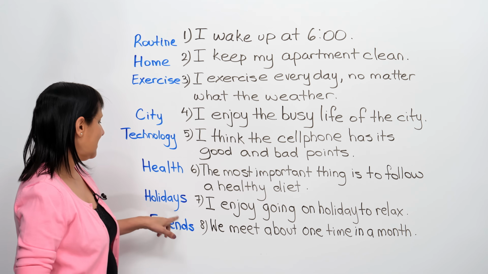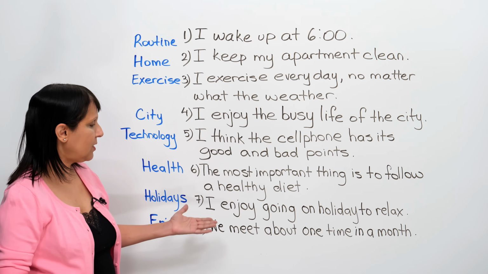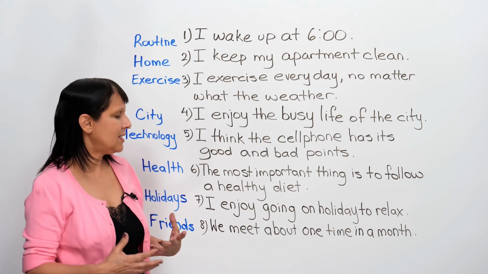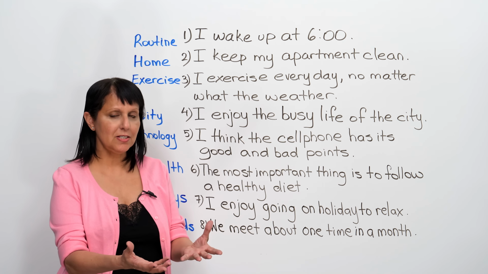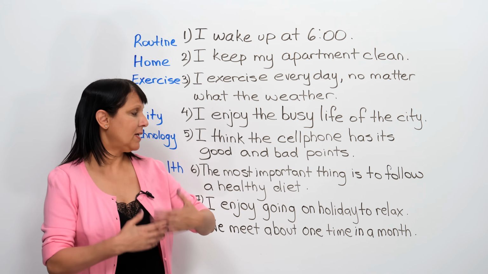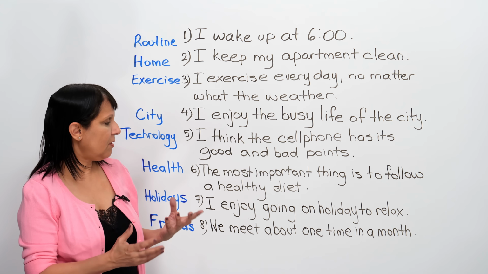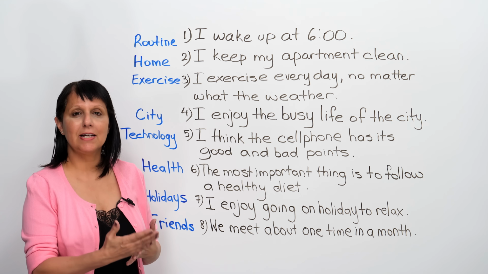Okay? Suppose they ask you about your holidays, and you could say, I enjoy going on holiday to relax. Okay? So there is an expression we can use instead of just saying relax. There is an expression called rest and relaxation. I enjoy going on holidays for some R&R, for some rest and relaxation.